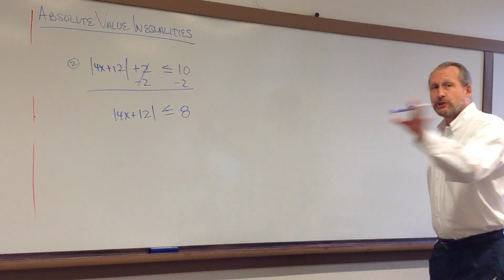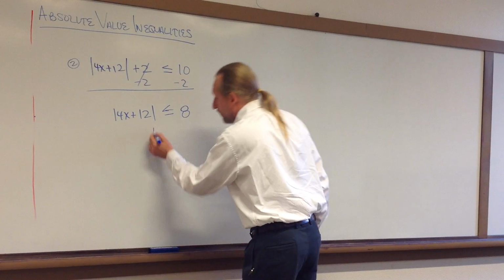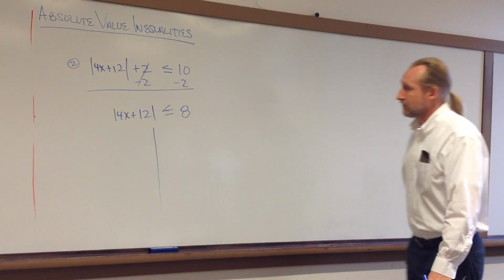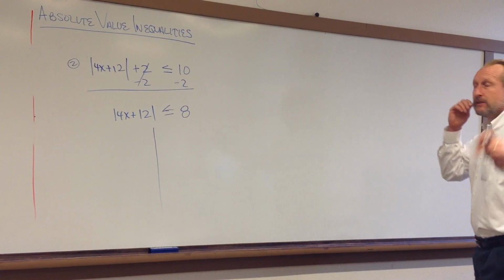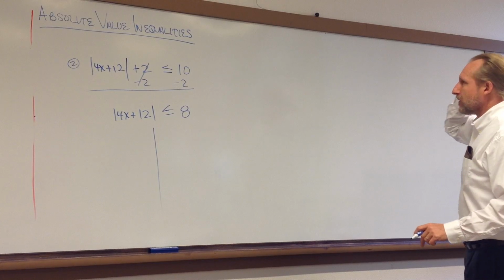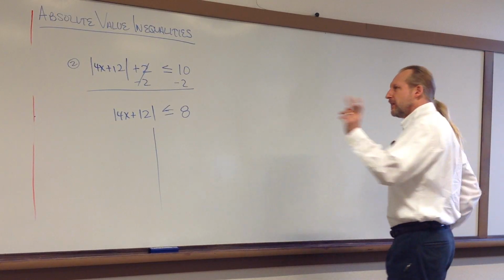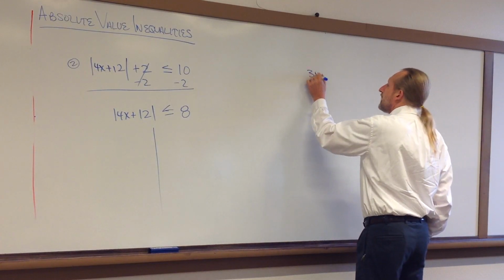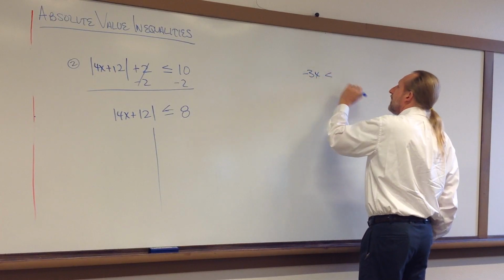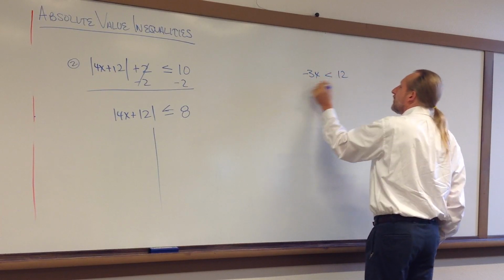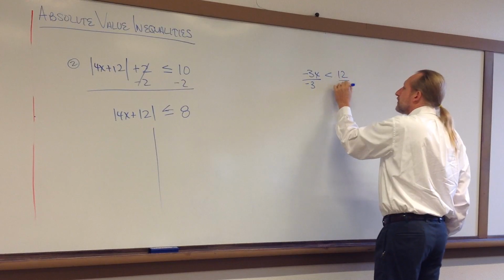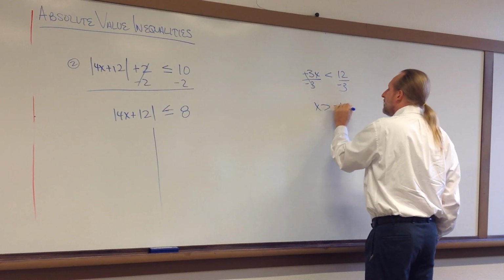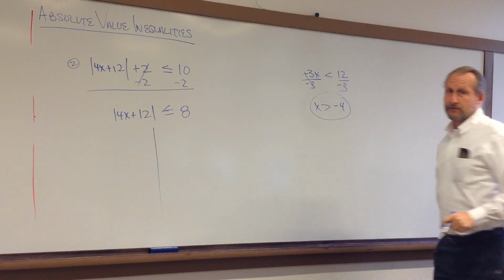Okay, so this is the point where we would want to split this into two pieces. Now here's the thing. Remember that when we talked about inequalities, if you had negative 3x less than 12, when you divide on both sides by negative 3, that flips this around.